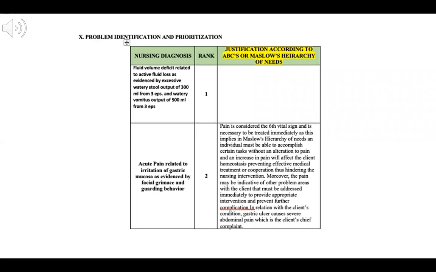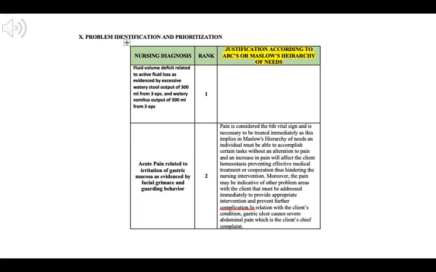So in the nursing portfolio that student nurses are submitting, we include the problem identification and prioritization to help us in the planning stage. So we rank the nursing diagnoses according to the prioritization guidelines that we have discussed a while ago.